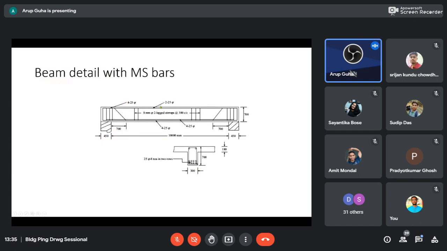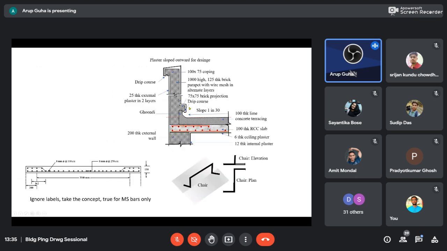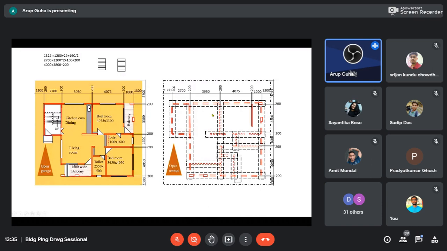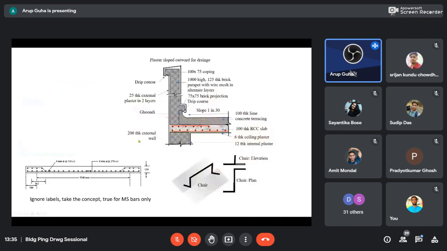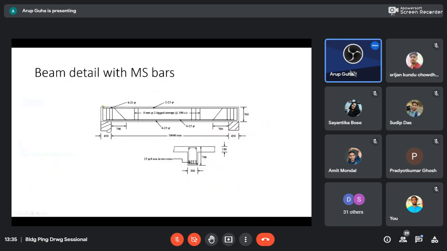Now beam, actually we will be discussing beam again in the second project. The only thing is that somewhere here we will provide certain beams, like here or here, so for that reason we have taken this. Beams have a top reinforcement, a bottom reinforcement, and some binding reinforcements like this.